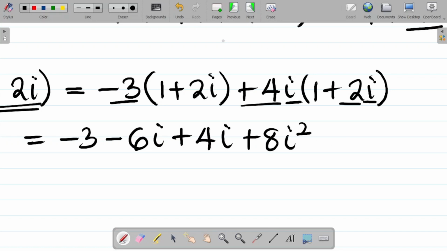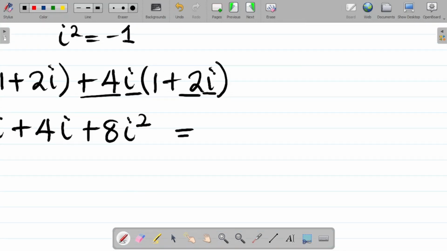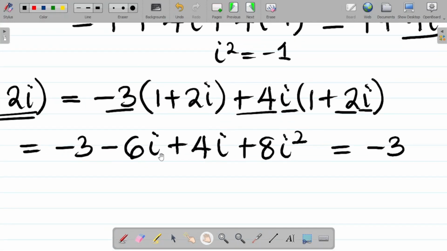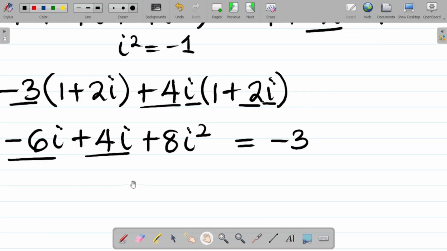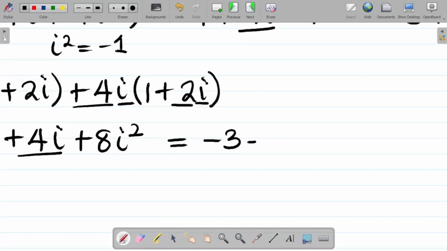Again, remembering that i squared is equal to minus 1, this will now be equal to, I have minus 3, okay, minus 6i. If I take minus 6i plus 4i, minus 6 plus 4 is minus 2, so it becomes minus 2i.